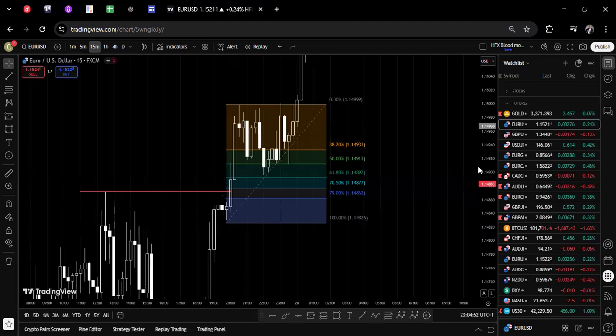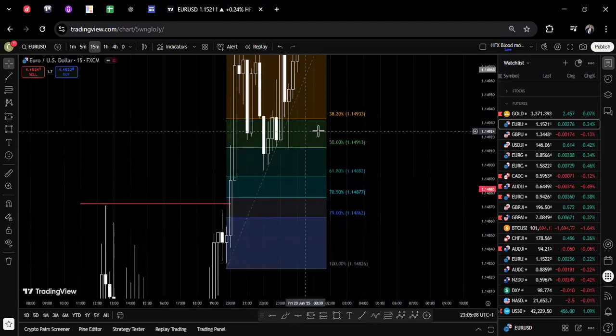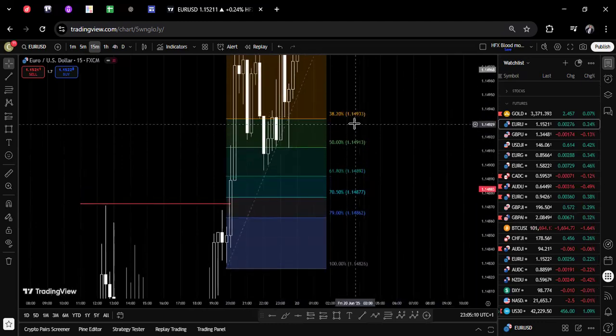I don't know if I drew this well. Yeah, exactly. I want to get into this market from 50% below. I'm not interested in entering the market around this zone, which is something above 50. I'm not interested, right?